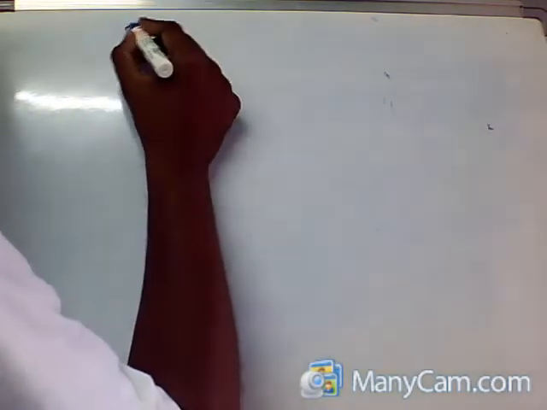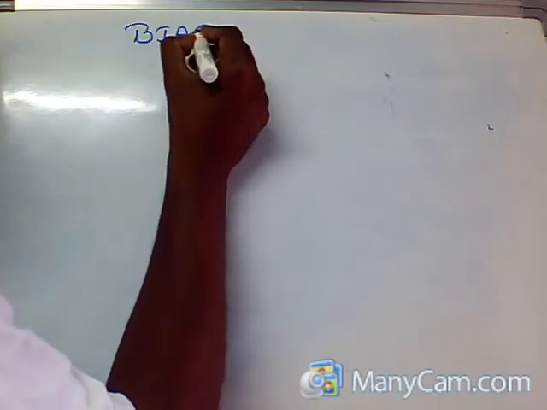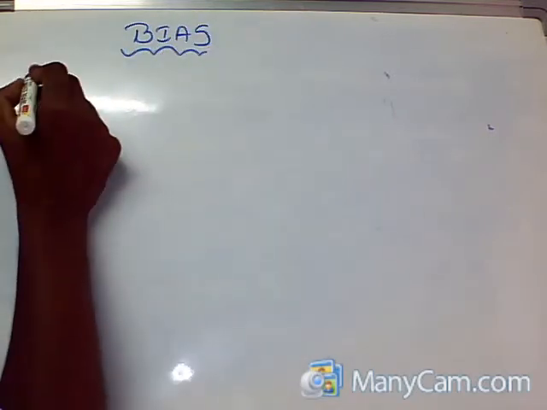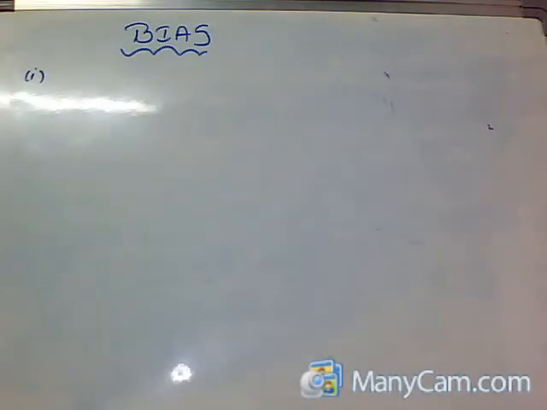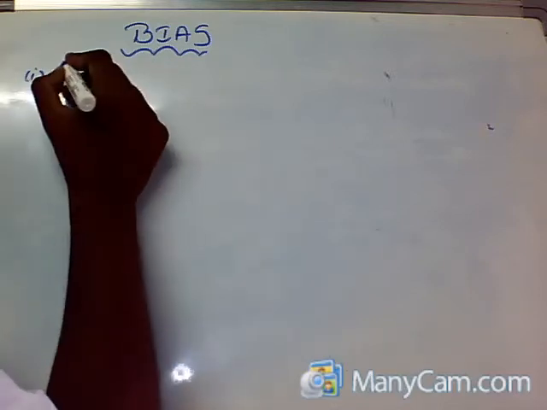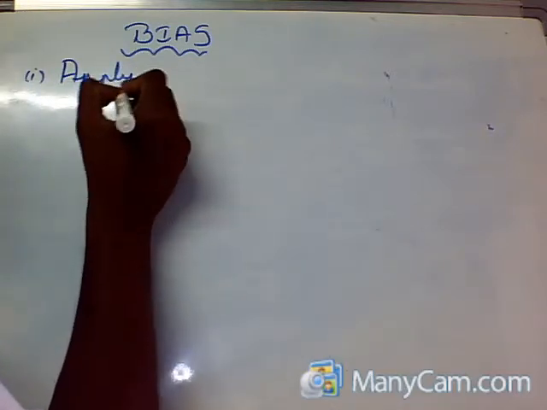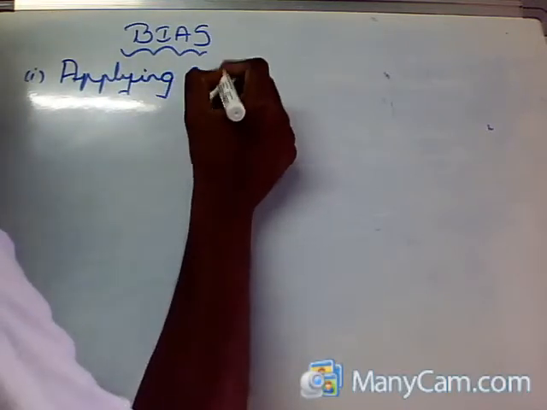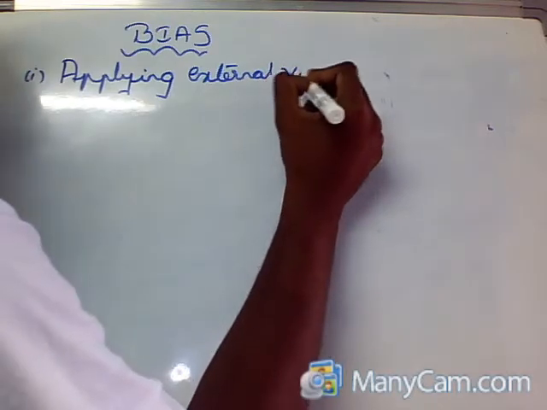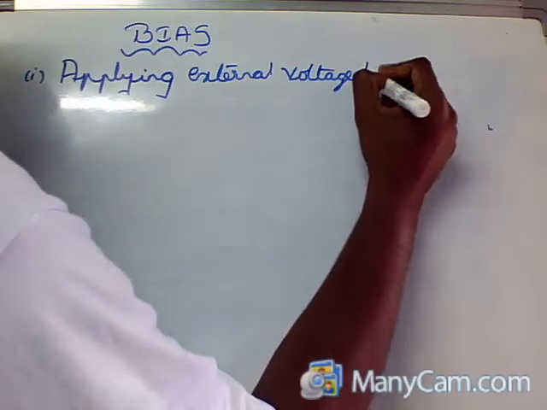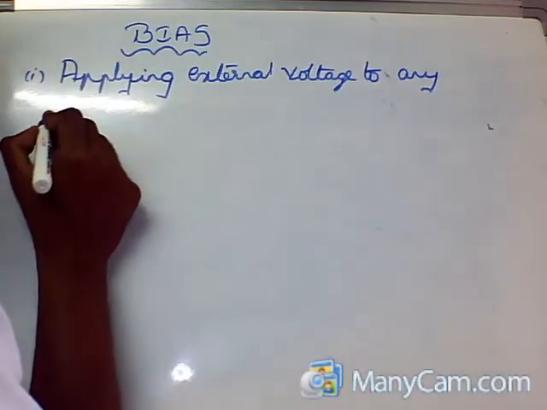Before studying what is state, we have to study a term called bias. I hope you have heard the word bias many times, like forward bias, reverse bias, biasing a transistor, biasing techniques. So what does that word bias mean? Bias means applying external voltage to any electronic device.